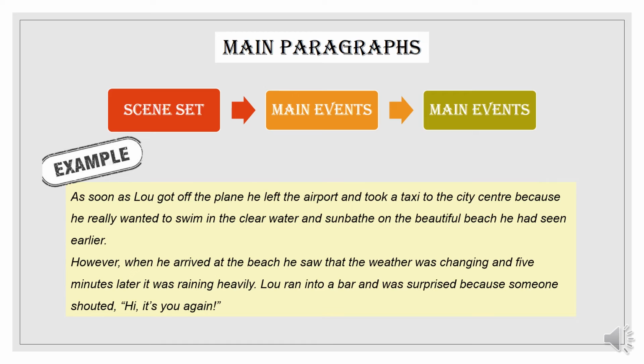For useful language, you can find time expressions, for example, as soon as, when, 5 minutes later, as well as past perfect and past continuous. For example, had seen, was changing, was raining. These verb forms help us to give extra information about the main events of the story.